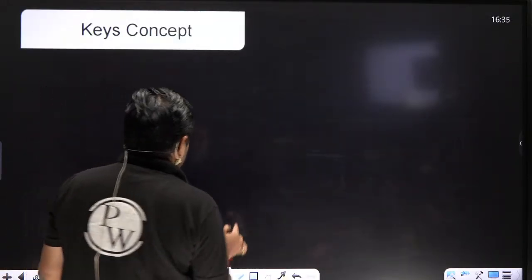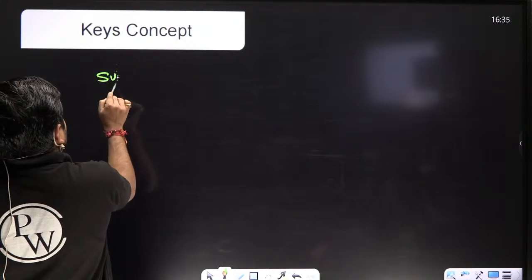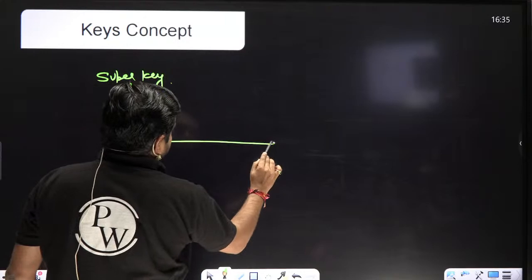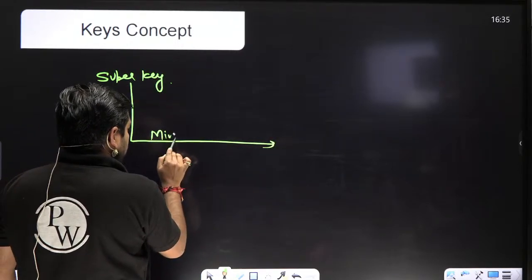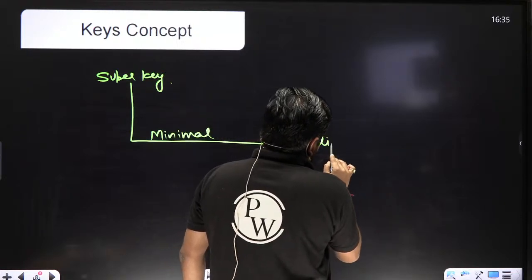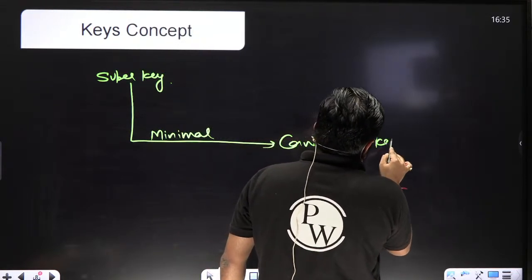Then we discussed the key concept. First of all, we have a super key. From the super key, find the minimal one, which is the candidate key.